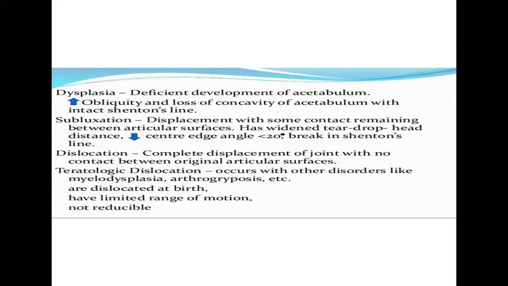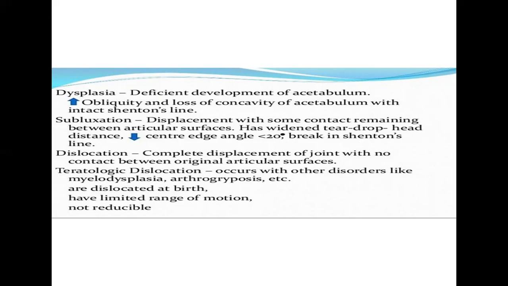Dysplasia: deficient development of the acetabulum, obliquity and loss of concavity of the acetabulum with intact Shenton's line. Subluxation: displacement with some contact remaining between articular surfaces, widened teardrop-head distance, center edge angle greater than 20 degrees, break in Shenton's line.